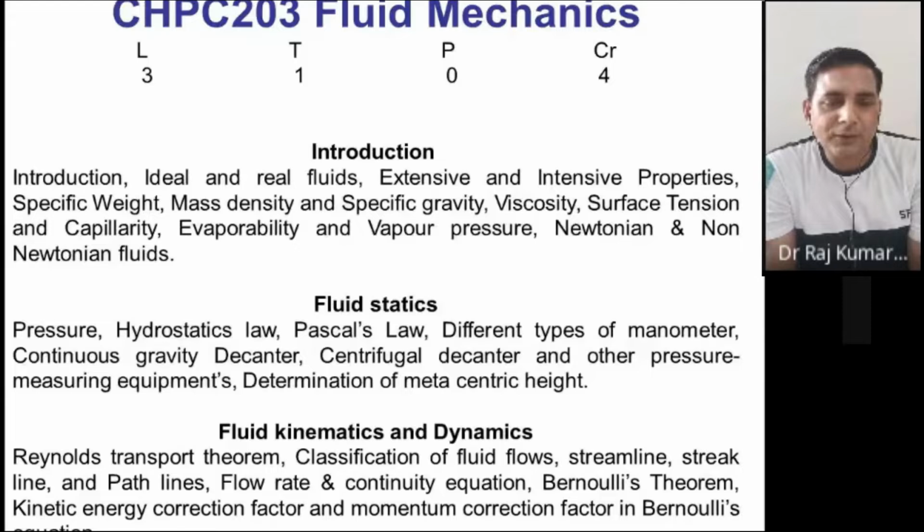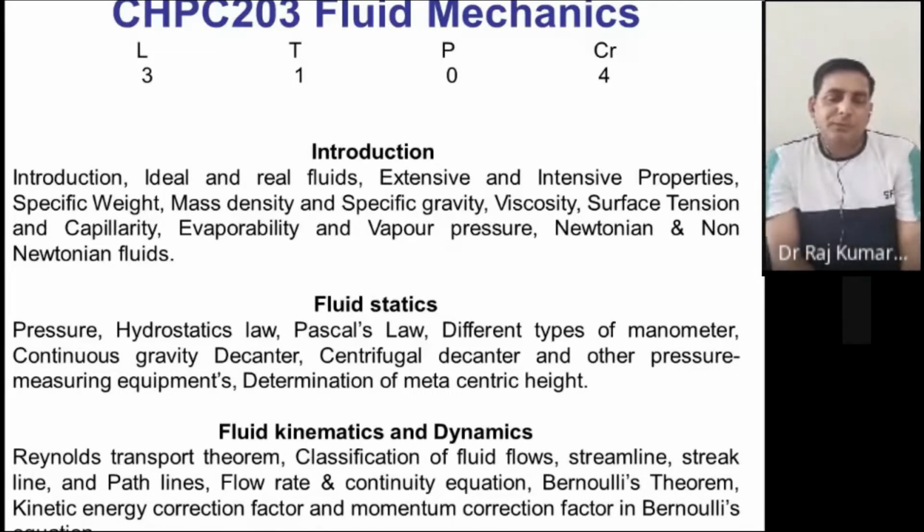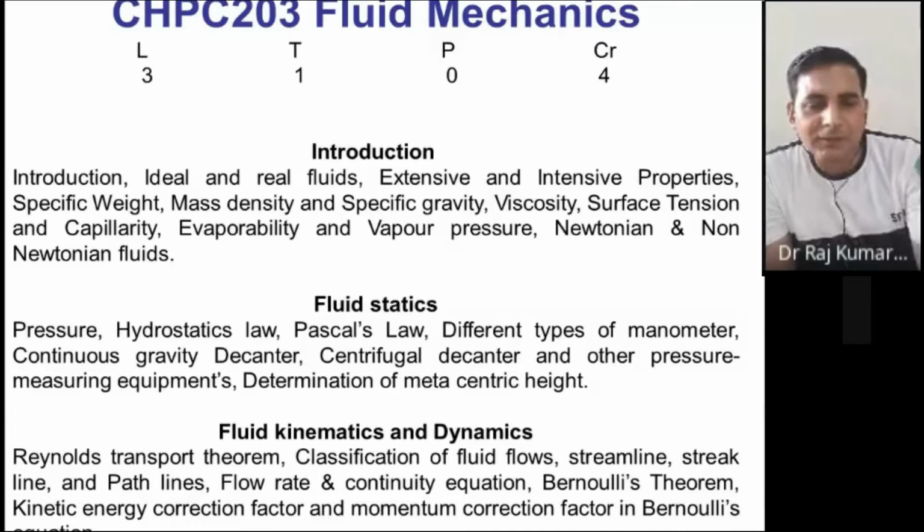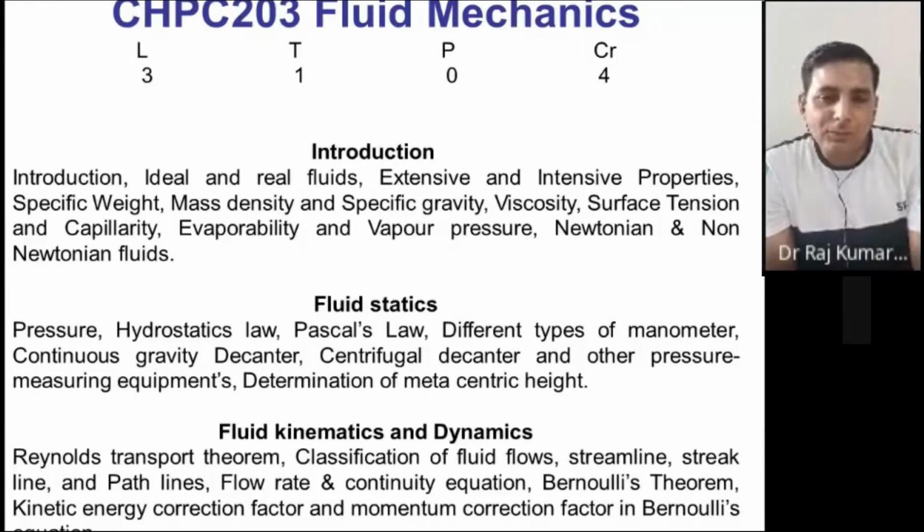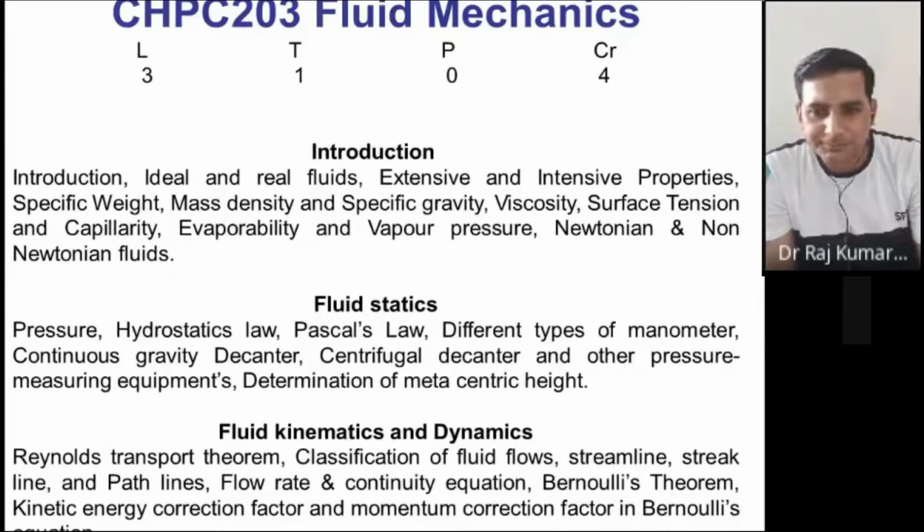In that way your potential energy is getting converted to kinetic energy, therefore velocity is more in case of more height of the fluid. So if you put your overhead water tank on top of the roof, your velocity would be high. If you put it on the ground floor, your velocity would be low because your potential head is low.